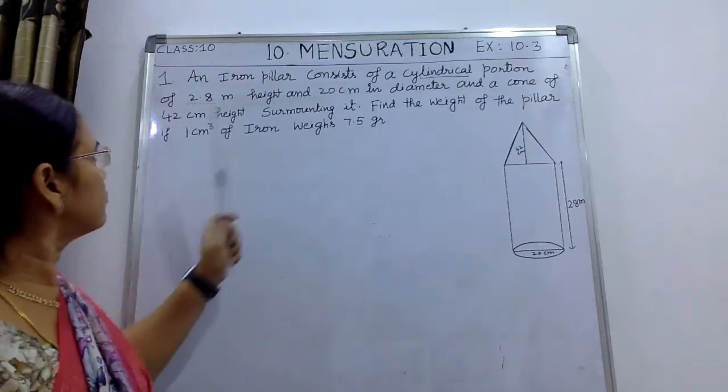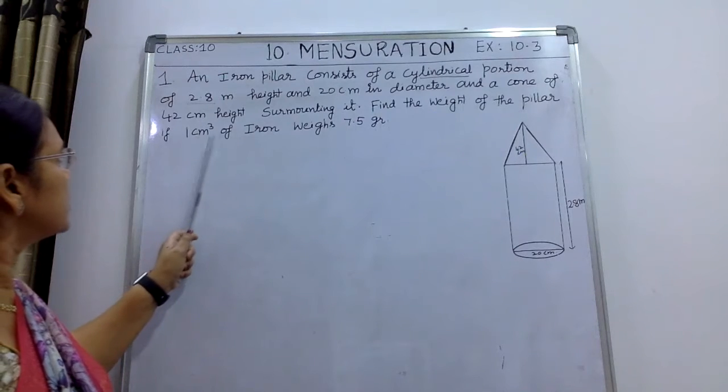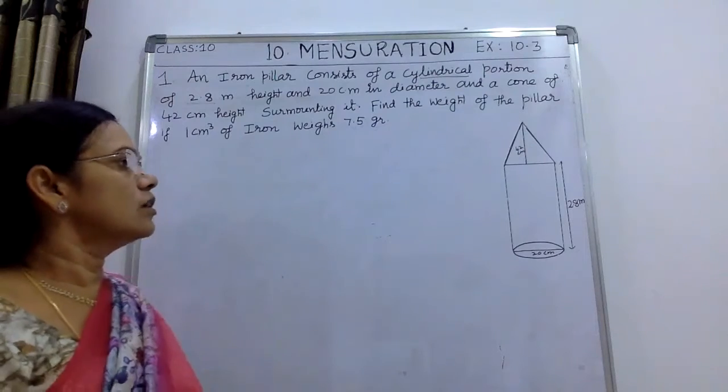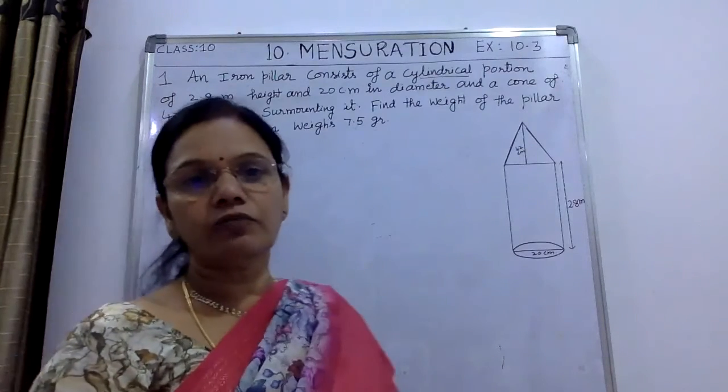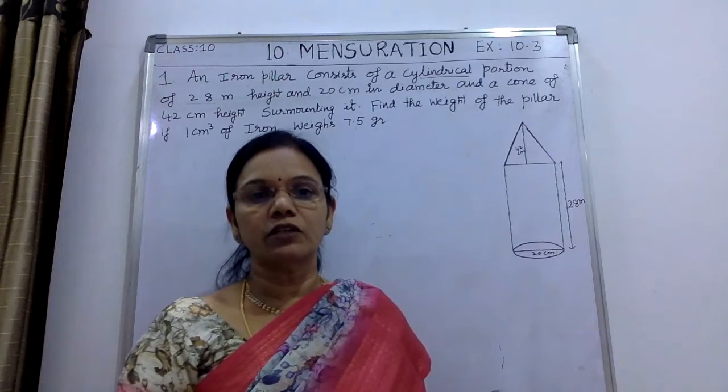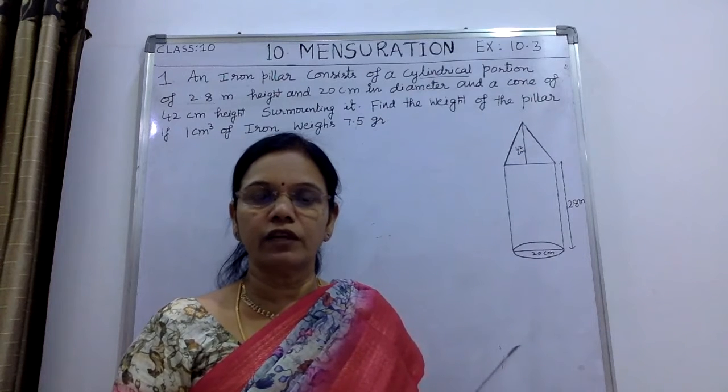Find the weight of the pillar if 1 centimeter cube of iron weighs 7.5 grams. So we need to find the weight of the complete pillar if 1 centimeter cube of iron weighs 7.5 grams.